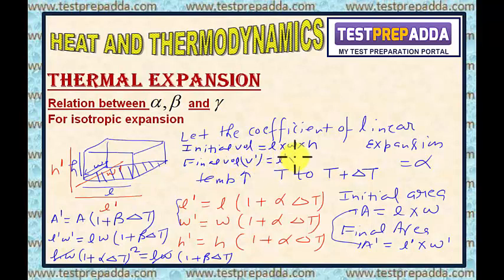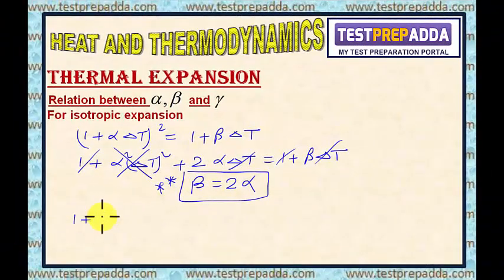It will be L dash into W dash into H dash. And we all know we can write V dash is equal to V into 1 plus gamma times delta T. Now if I substitute values here, L dash, W dash, H dash as this, then we get 1 plus alpha delta T cubed is equal to 1 plus gamma delta T.